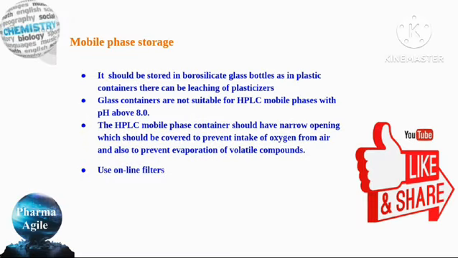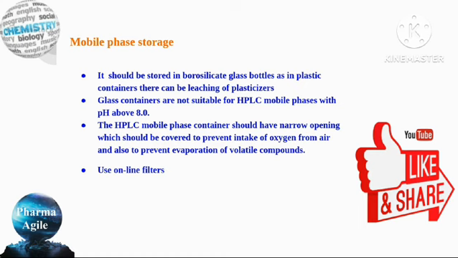Next one, storage of mobile phase. Mobile phase should be stored in borosilicate glass bottles. If the pH value of the mobile phase is more than 8.0, then we can store it in a stainless steel container. The mobile phase container should always have narrow openings, because this prevents oxygen intake from the air as well as the evaporation of volatile compounds.